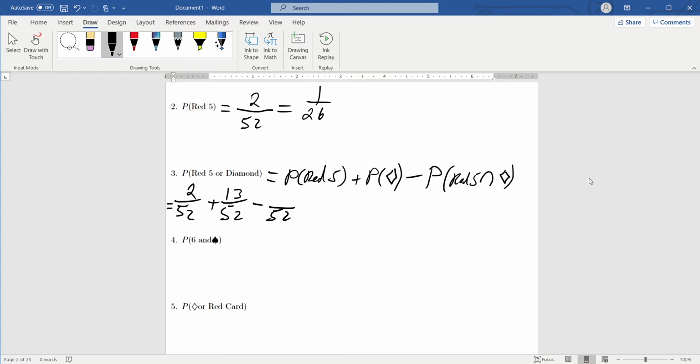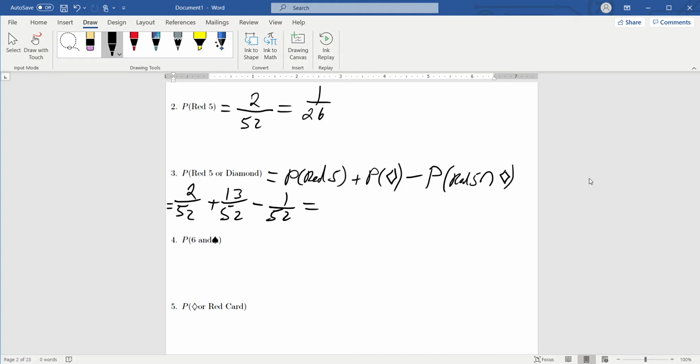Because out of 52, there's only one of those. And the reason you're subtracting this is because here's a red 5. Technically, with the diamonds, there's the second red 5 being counted again. So this essentially is saying there's 2, 3 red 5s, but that is not entirely true, and that's the purpose of subtracting this intersection.